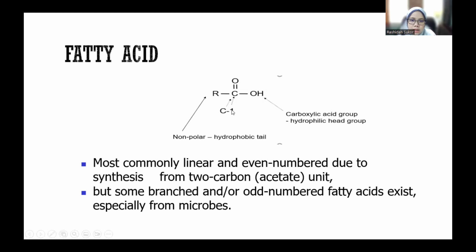Okay, and then we have the R group. The R group is the one that confers the non-polar hydrophobic part of the lipid. It is just like protein, right?